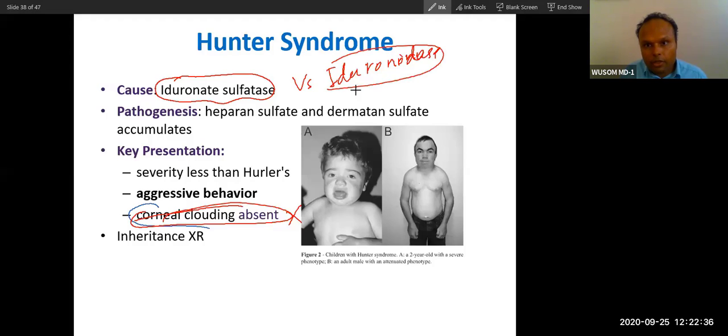That is why deficiency of iduronidase will cause severe disease, and deficiency of this causes a milder presentation. Severity is less, but there is aggressive behavior.